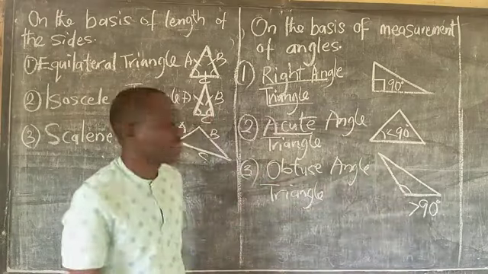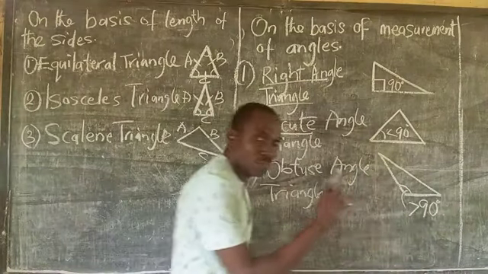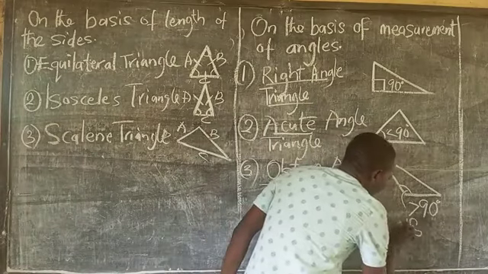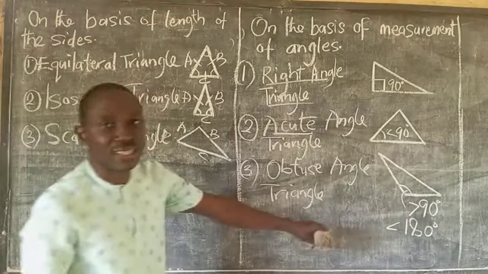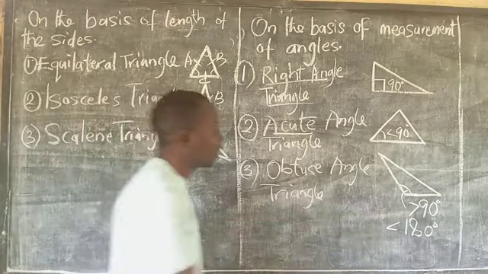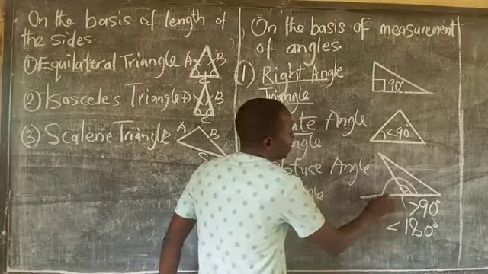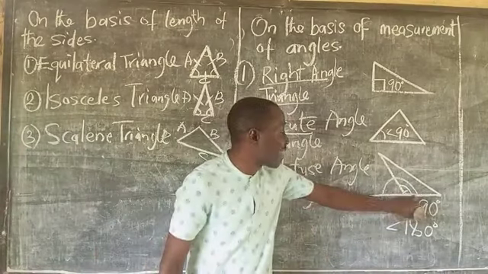But it's less than 180 degrees. If I produce this line, and this is 180, it's not up to 180 degrees, but it's greater than 90 degrees.